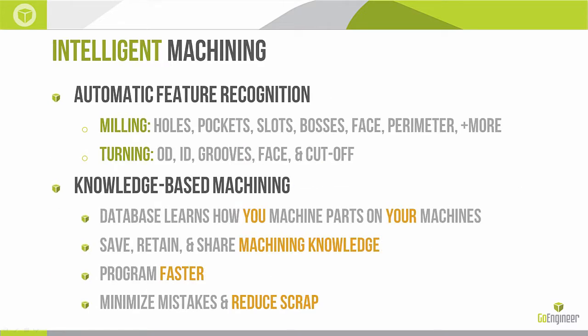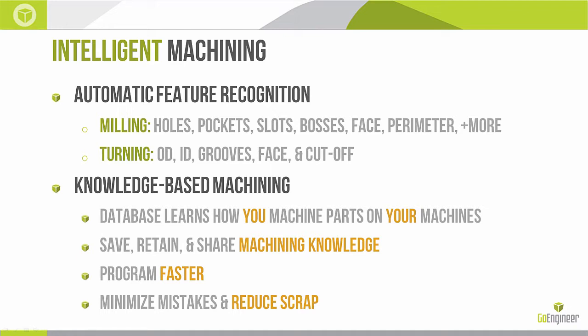So we're going to talk about a few of the features of SolidWorks CAM, what's going to make it unique, what's important to know, and then we're going to jump into the software, program a part so you guys can get an idea of what to expect with SolidWorks CAM. SolidWorks CAM, based on CAMWorks, is going to be intelligent machining. It has automatic feature recognition.